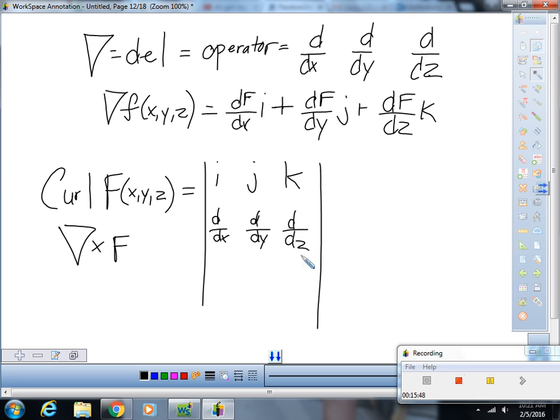And then at the bottom, remember that f of x comma y comma z, according to our definition of a vector field, is m i plus n j plus p k. Do you remember that from yesterday's video? Okay, so down here we just put an m, an n, and a p.